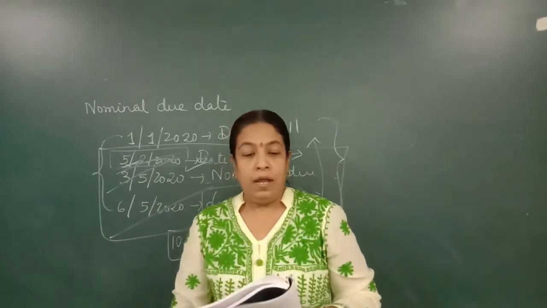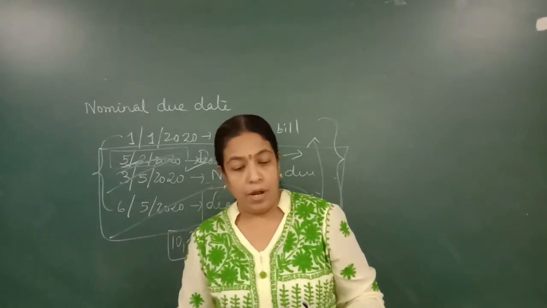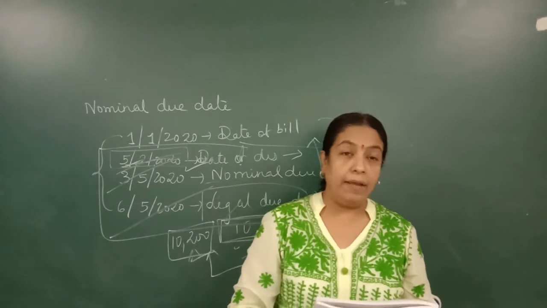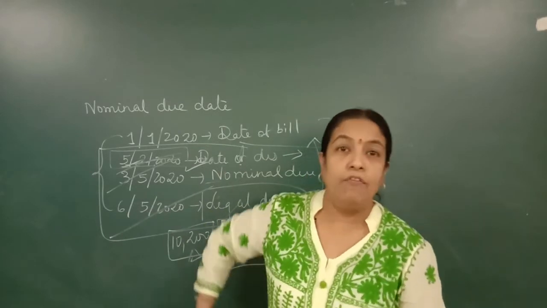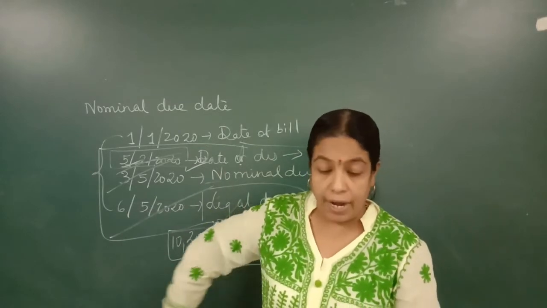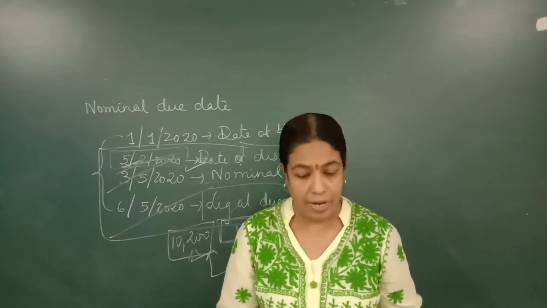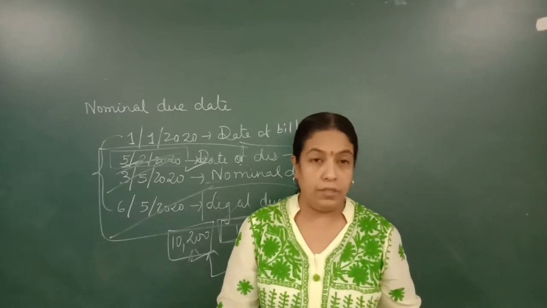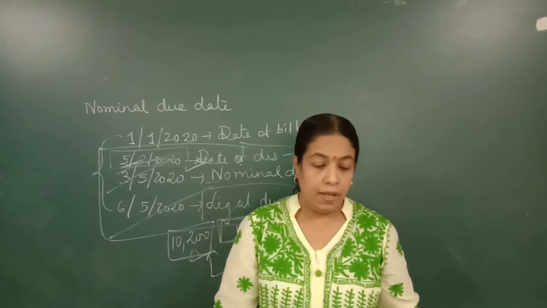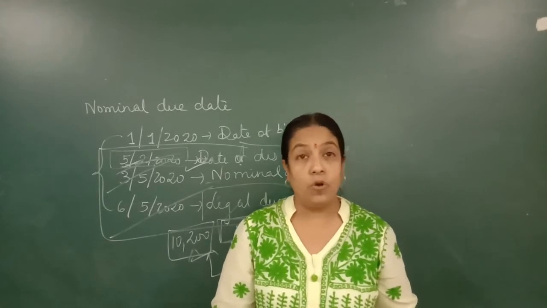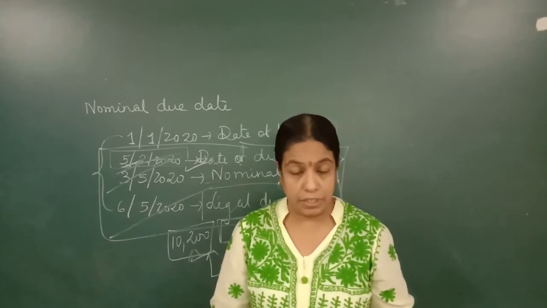Now the amount paid to the holder of the bill after deducting banker's discount, ये जो है वो banker's discount हो गया, वो डिडक्ट करने के बाद वो होती है कैश वैल्यू, the cash value of the bill on the date of discount. The banker's discount is also called as commercial discount.